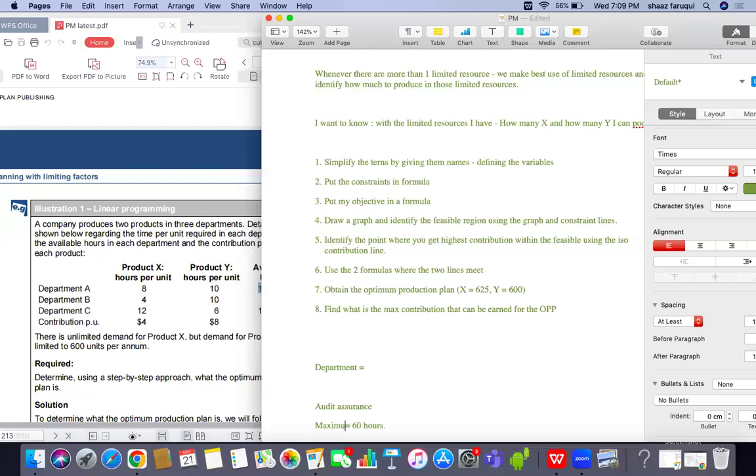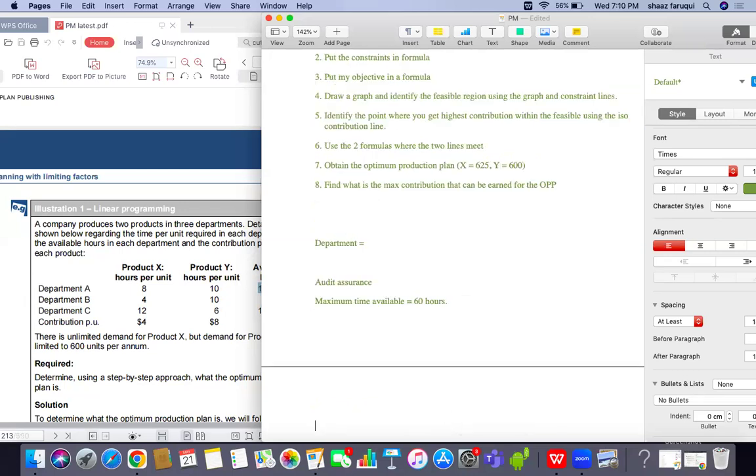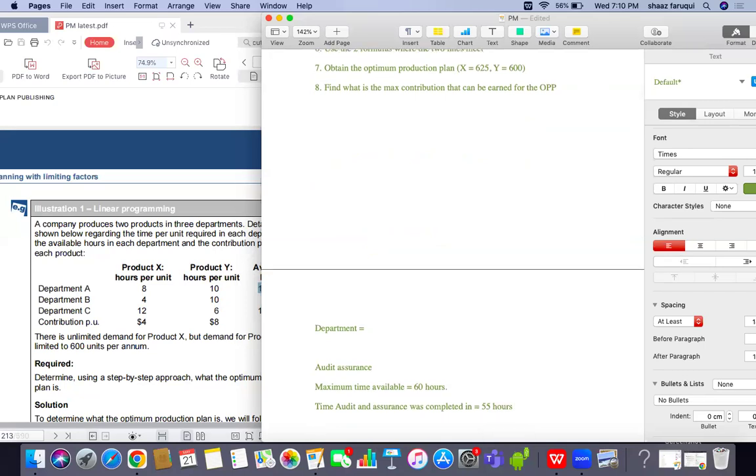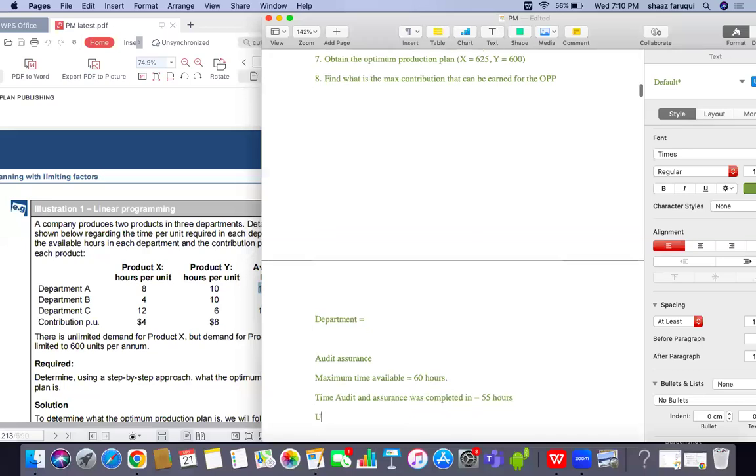But I don't have to take all 60 hours. I completed audit and assurance in 55 hours. So I have unused hours. How many hours of unused time do I have?